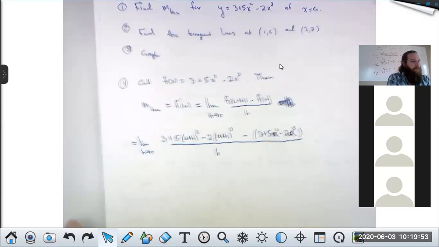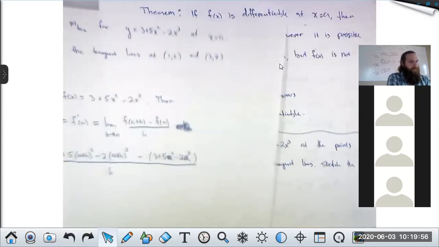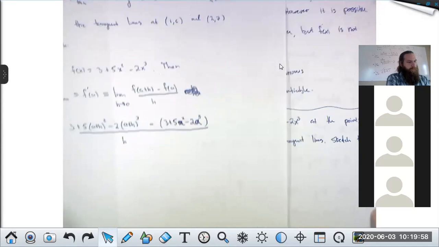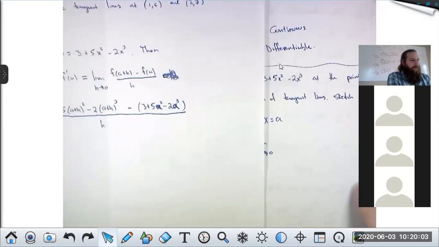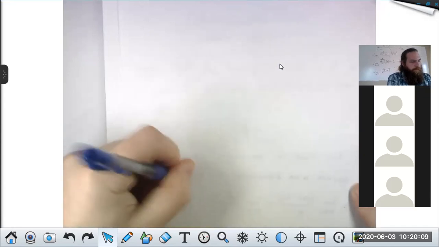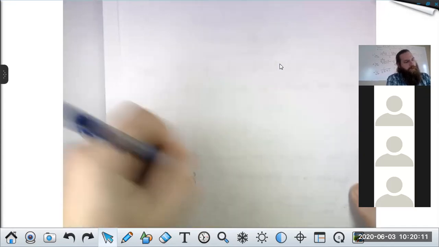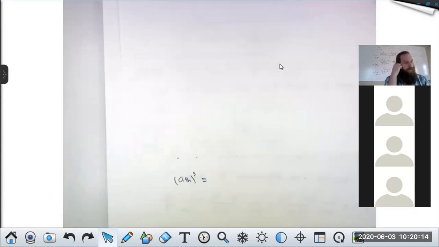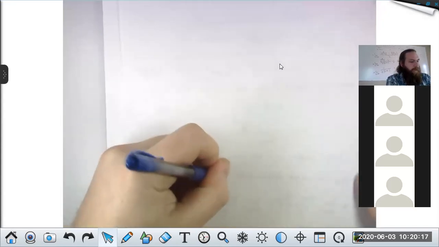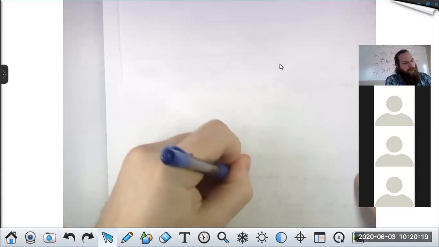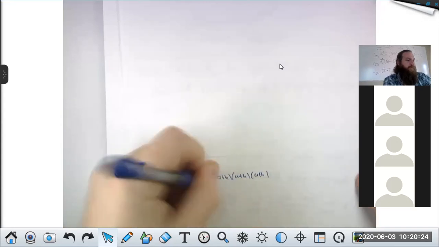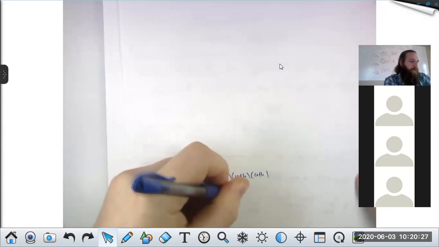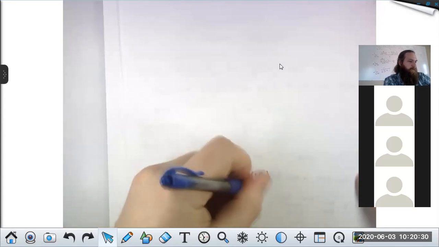I may do that on the side. So I'm going to come over here, and we'll say that a plus h cubed, we'll do it like this. If you know Pascal's triangle, you can do this really quickly. But if you don't, then you need to FOIL it all out. That's a plus h times a plus h times a plus h. And then the first two, that's a squared plus 2ah plus h squared.